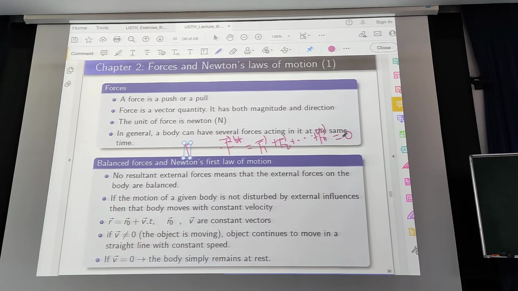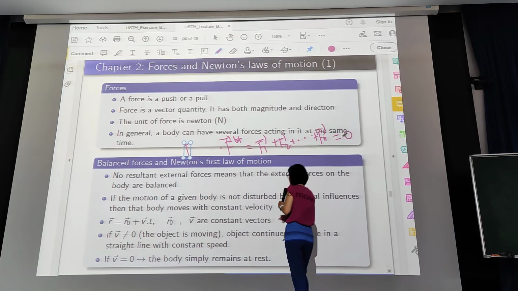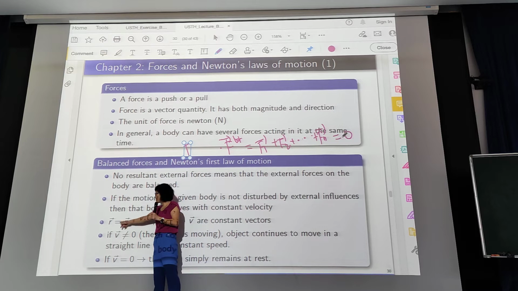And we already know from the previous chapter that in the case of motion with constant velocity, the trajectory is a curve or a straight line? Straight line. Very good. It is a straight line and obeys this formula: the position at time t, r equals r0 plus vt.